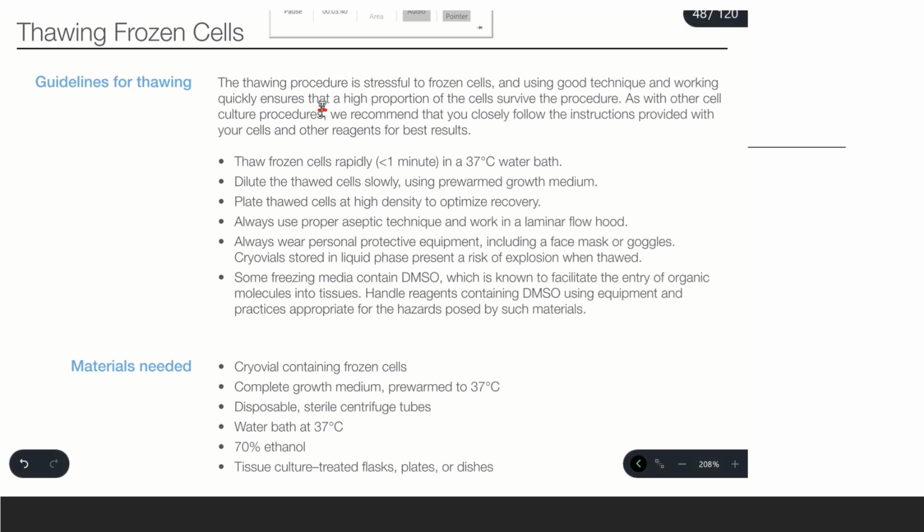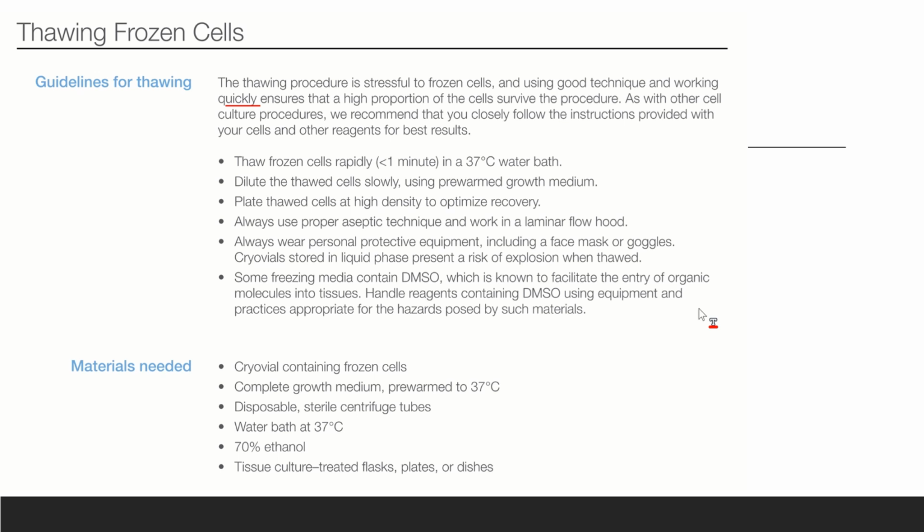Thawing frozen cells. The thawing protocol is stressful to frozen cells, and using good techniques and working quickly ensures that a high proportion of cells survive the procedure. As with other cell culture procedures, we recommend that you closely follow the instructions. Thaw frozen cells rapidly.